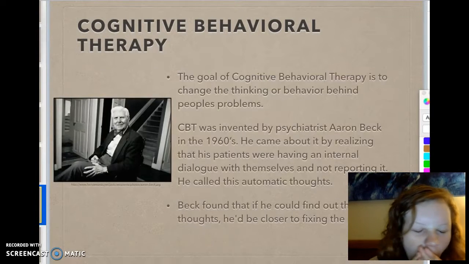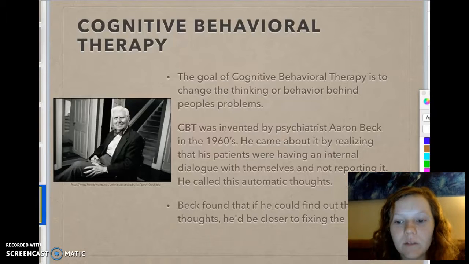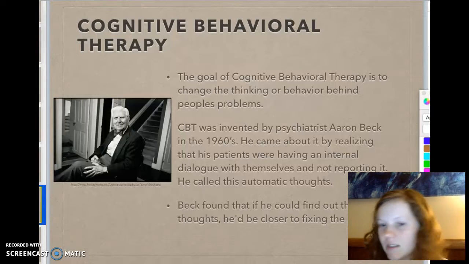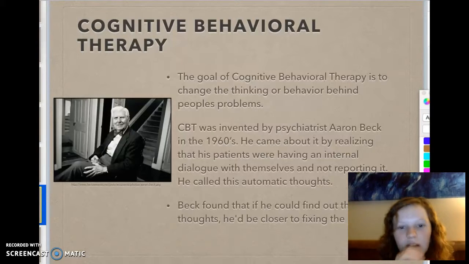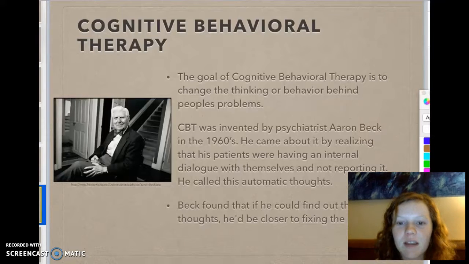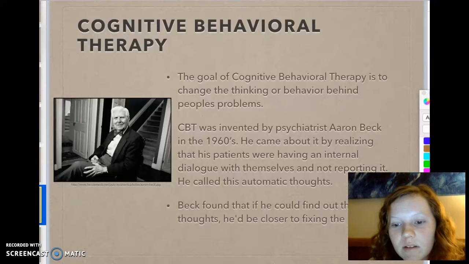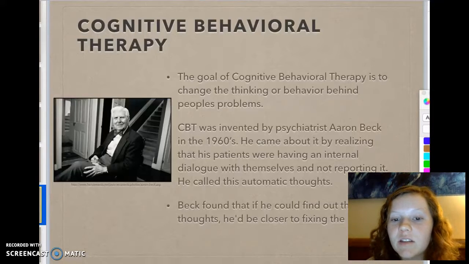So, a little bit more about cognitive behavioral therapy. The long-term goal of it is to change the thinking or behavior behind people's problems, to actually get in there and change it. And this was invented by famous psychiatrist Aaron Beck in the 1960s. It's been around for about 56 years.